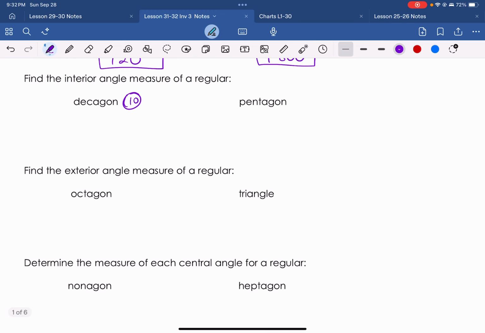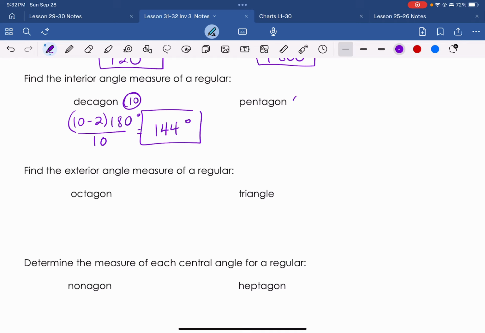Okay, so we have here 10 minus 2 times 180 degrees over the number of sides, which is 10. And when we plug that in, we get 144 degrees each. So each of the interior angles measures 144 degrees.